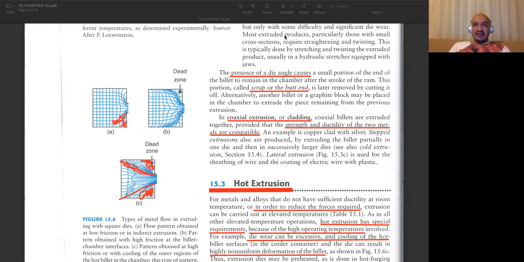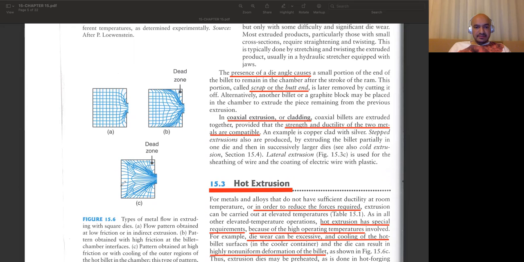And further, we have another issue about extrusion. We can extrude two materials, even three materials at the same time, and it's called coaxial extrusion. So what we do, we put two materials on top of each other here. For instance, this might be one material. Let me draw it once again.